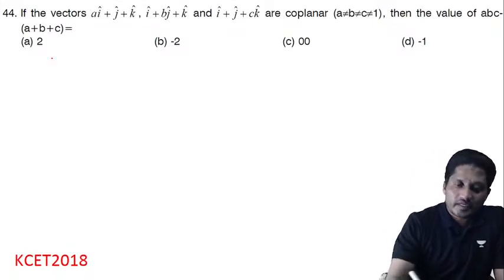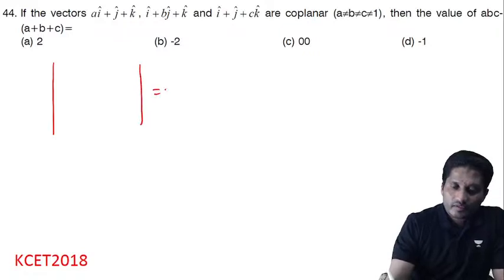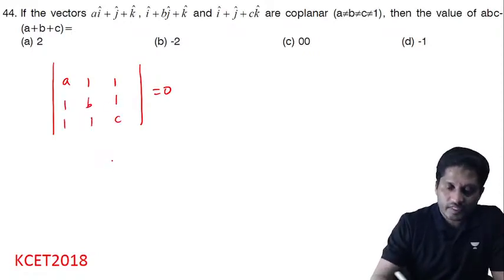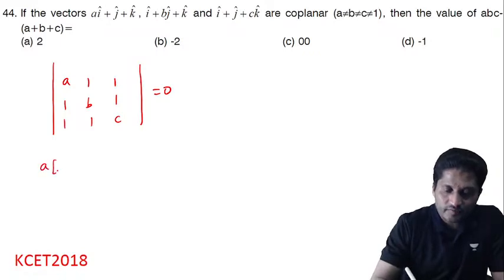Okay, let's move to the next question. Vectors are coplanar, right? If it is coplanar, then the determinant is equal to 0. First row will be a, 1, 1. Second row will be 1, b, 1. Third row will be 1, 1, c. Now if I expand this, a into first row, first column, you get bc minus 1. First row, second column, c minus 1.